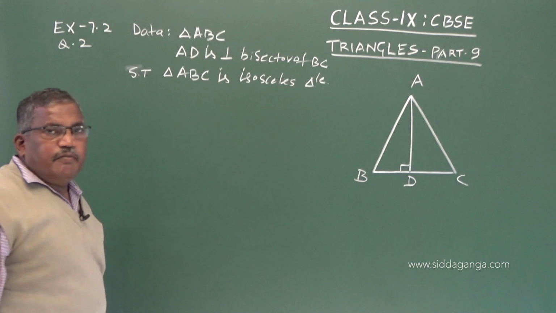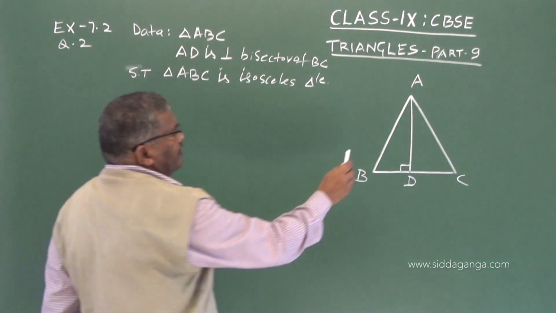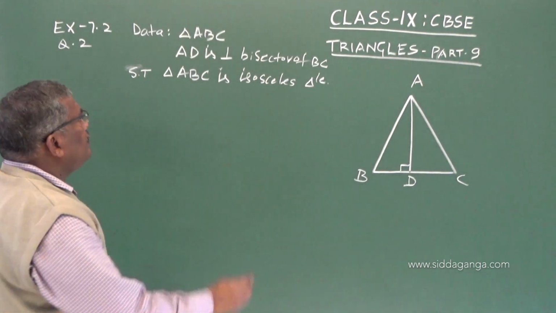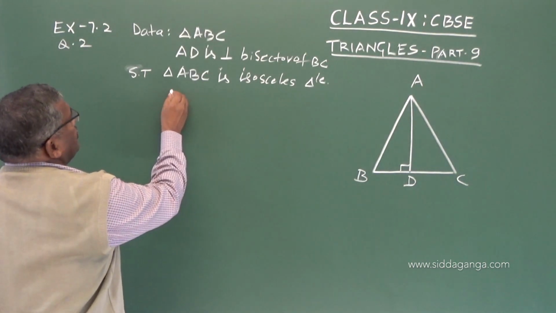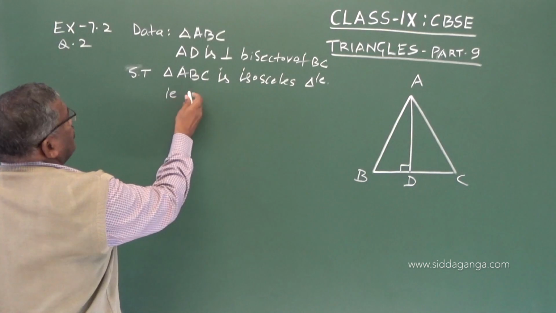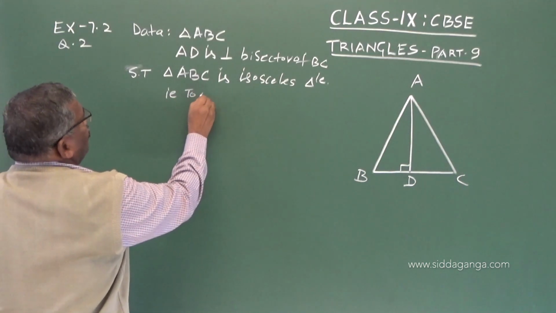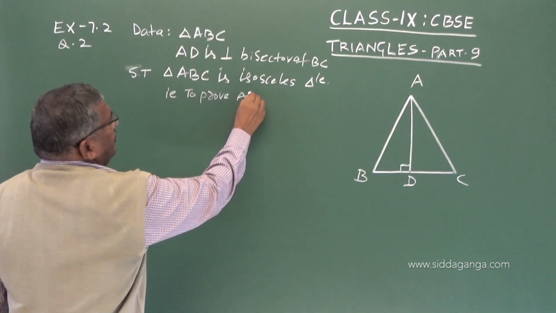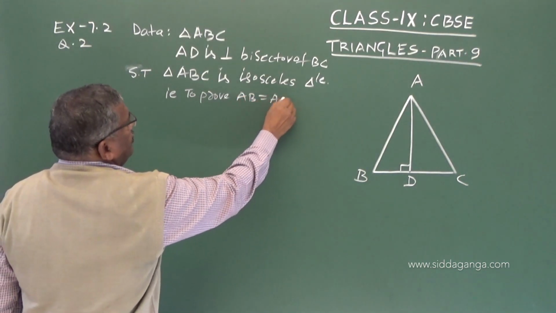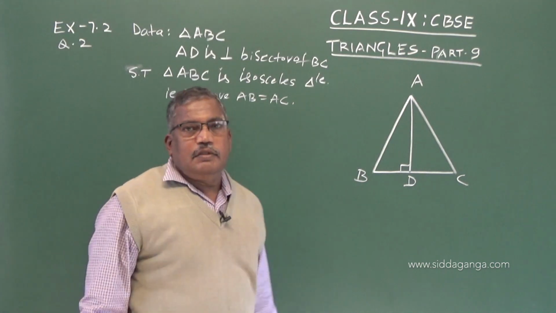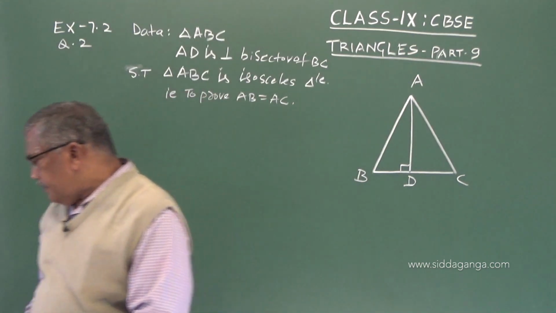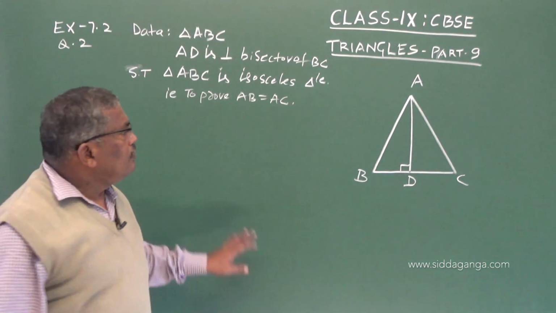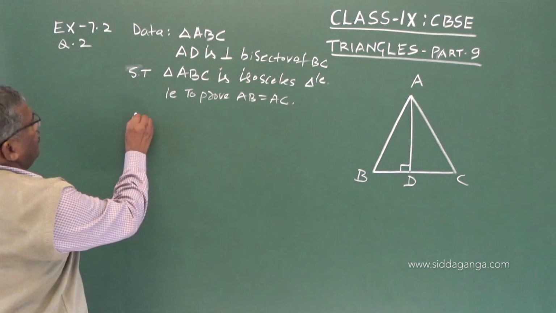So that means we have to prove the two sides of the triangle ABC are equal. So that is to prove AB is equal to AC.